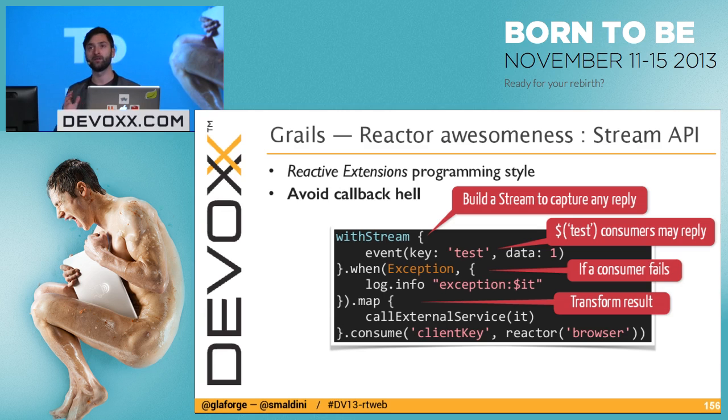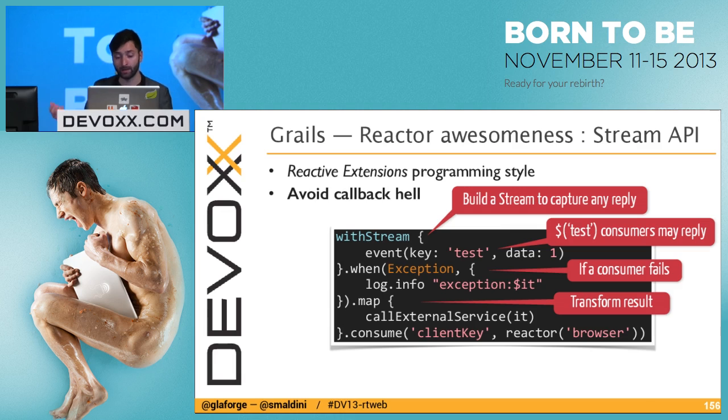Your consumer might not know about the fact you need to call an external service, but you want your event to do that after it has been dispatched and processed by the consumer. That's why with stream is also interesting. There is a nice blog post from Netflix about that, for instance. They show how they aggregate multiple sources by using this kind of notation. Well, you will need to Google that. I don't have the URL in my head.